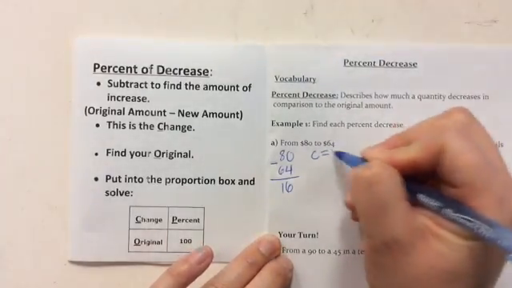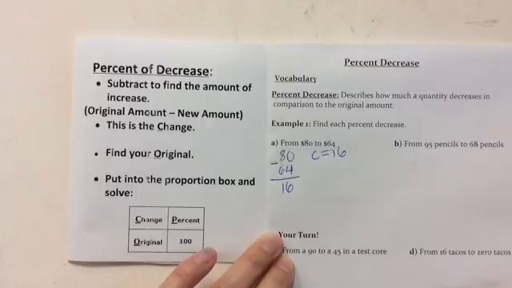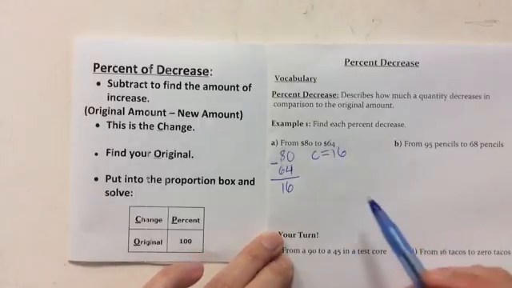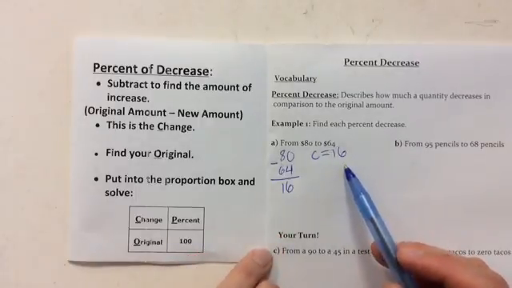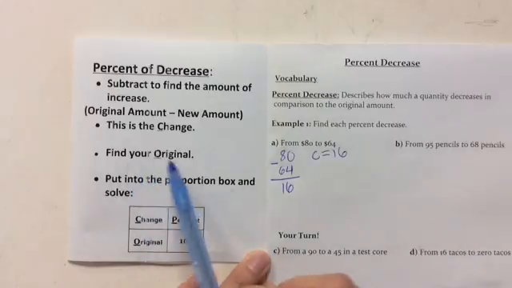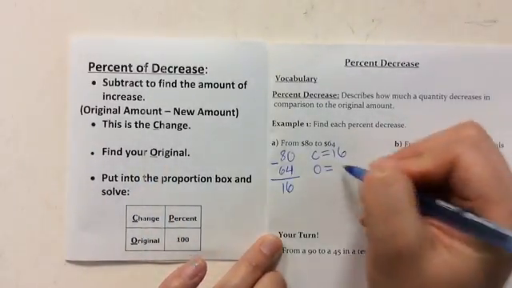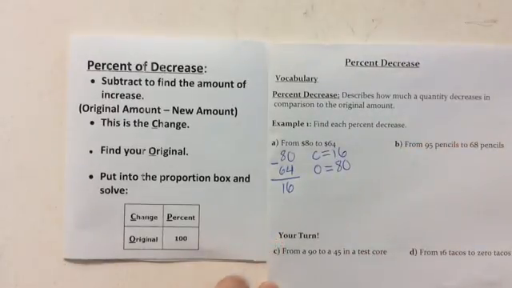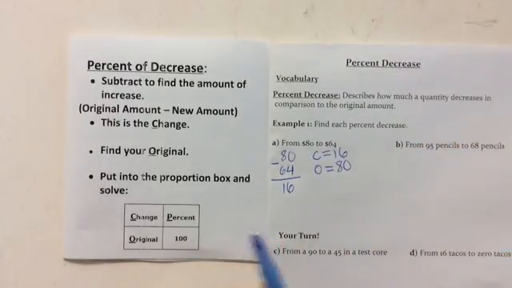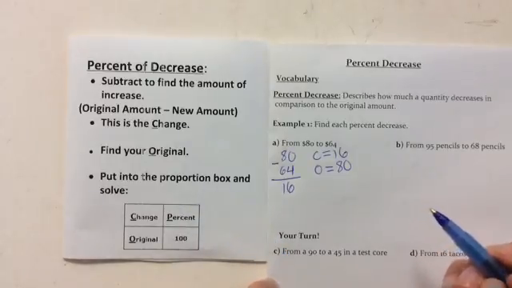It changed by 16. Now, we need to find the original. What was your original amount of money? It was 80, right?